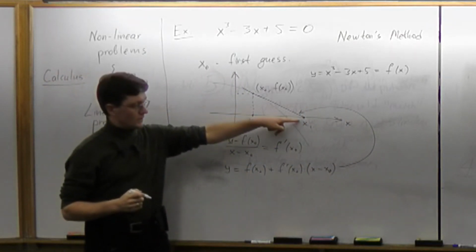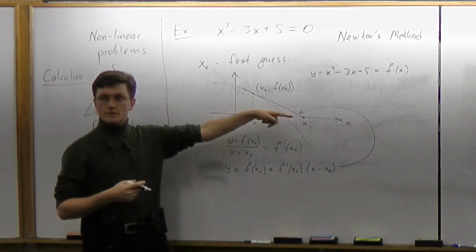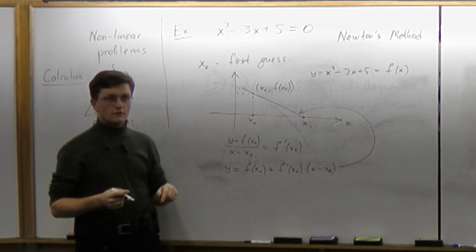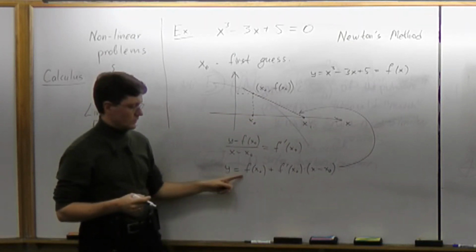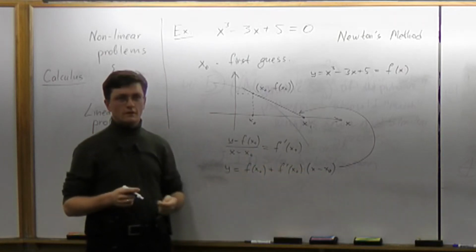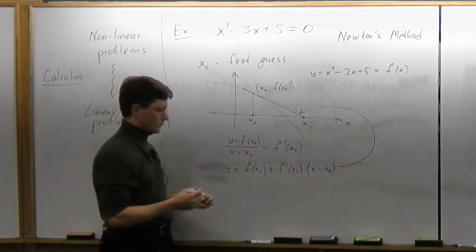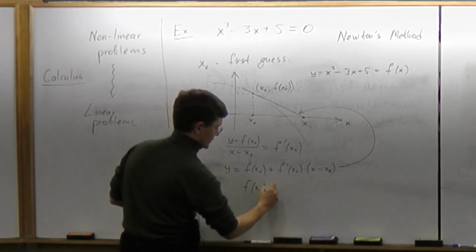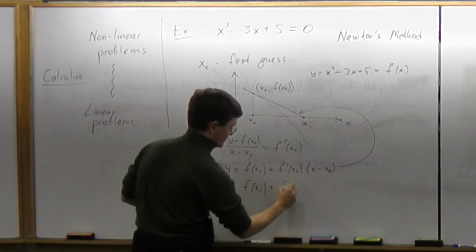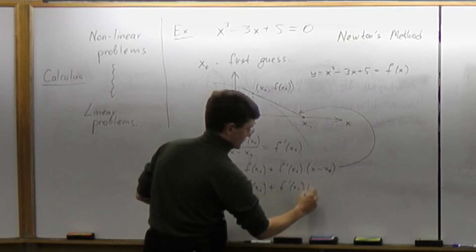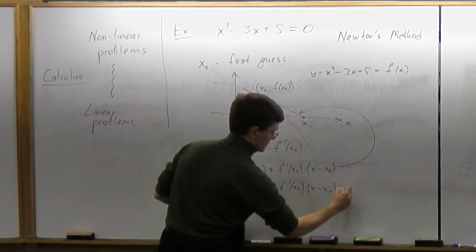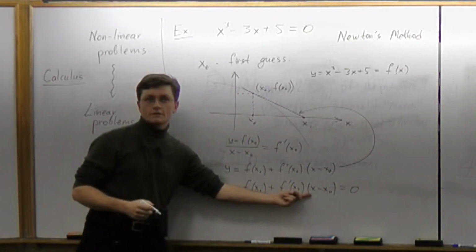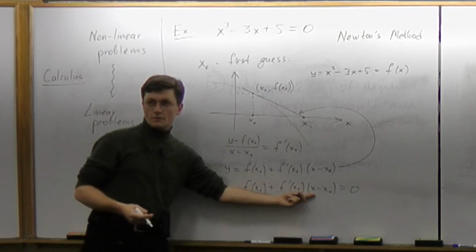And you can find where the tangent line intersects the x-axis very easily, because you can equate that to 0 and solve for x. And what kind of problem is that? Equating this number plus another number times x minus x0 to 0 and solving for x. That's a linear problem.